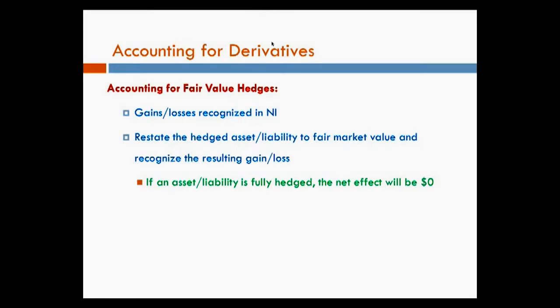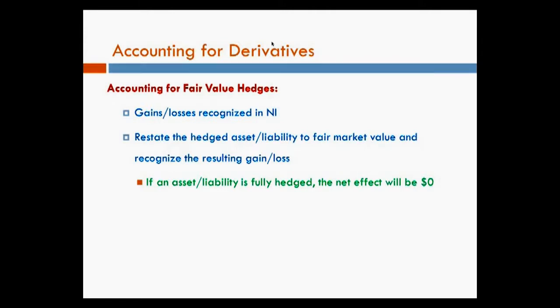And the term that's used is: is it an effective hedge? If the hedge is effective, then the net effect of the derivative will be zero. That's if you fully hedge the risk away. So you're not looking to make money through this. You're just looking to protect yourself.